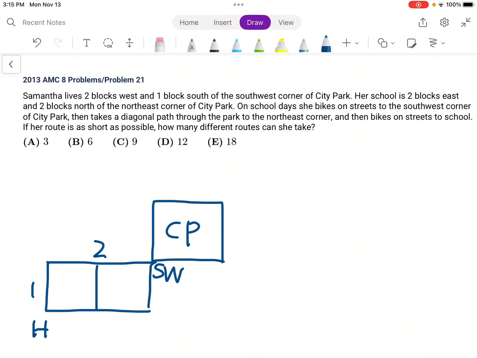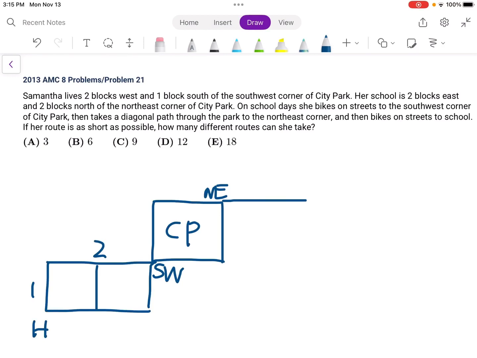And the school is to the southwest corner. She bikes on street to the southwest corner of City Park, and her school is 2 blocks east and 2 blocks north of the northeast corner of City Park.